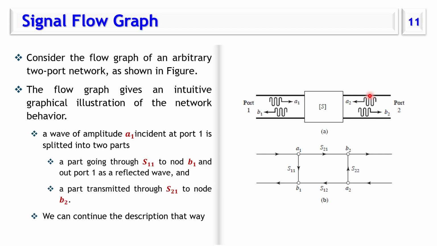Port 2 will also be represented by two nodes, A2 for power in, B2 for power out. It's very common to draw it this way so that the sketch is clear. We put A1 in front of B2 because there is some transmission signal, and we can put the S parameters for the two-port network on the signal flow graph.